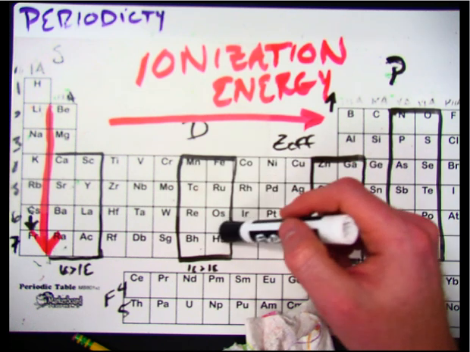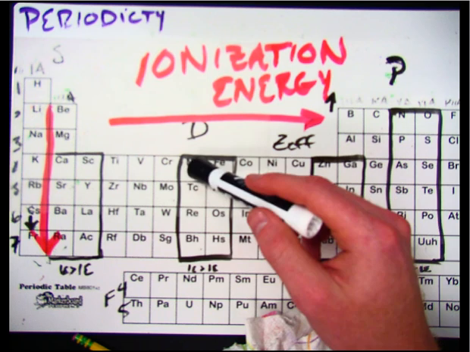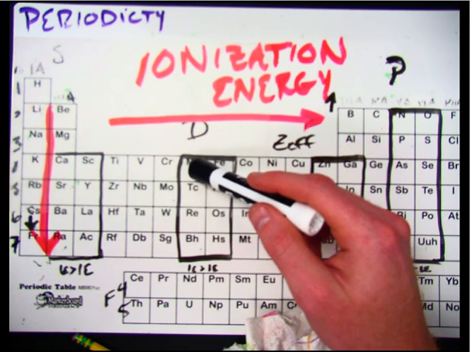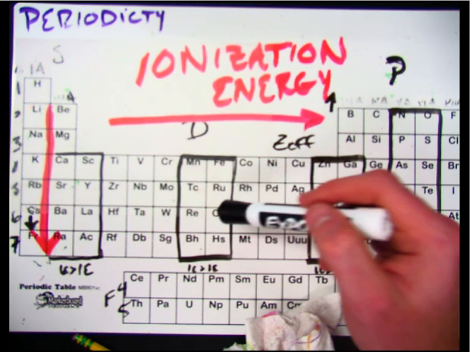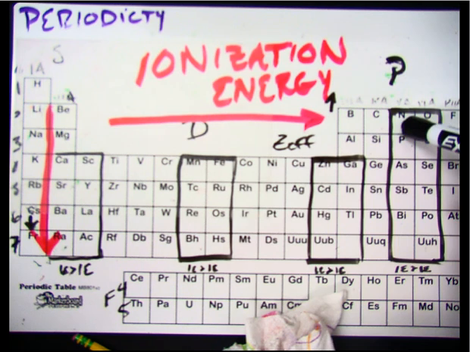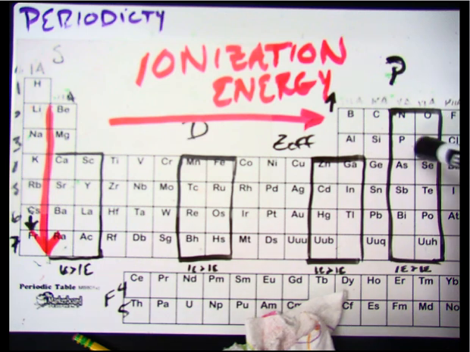Another exception to this happens at the d5 and d6, or at the p3 and p4. So between nitrogen, the nitrogen family, and the chalcogens. Why is that?